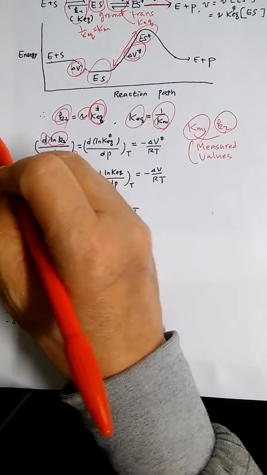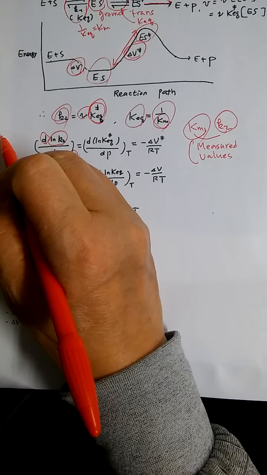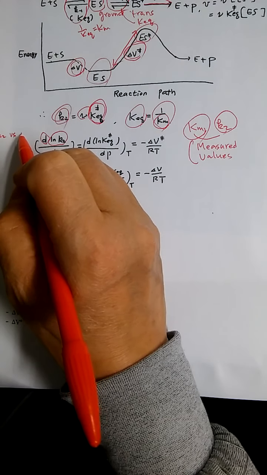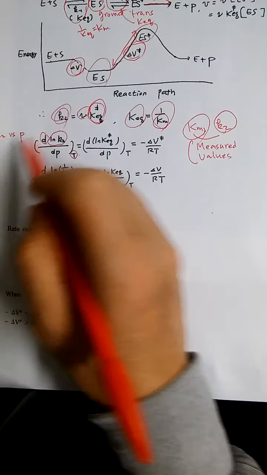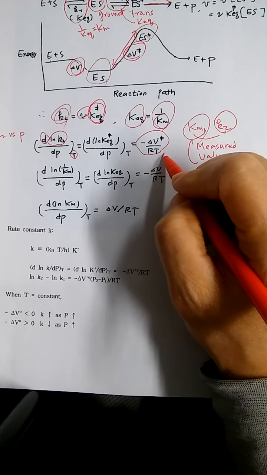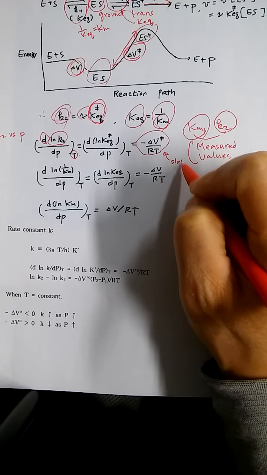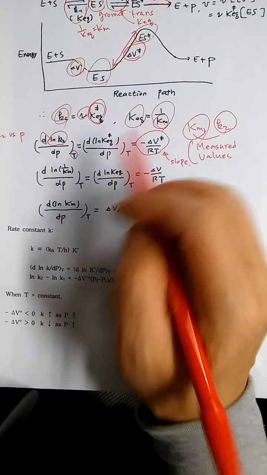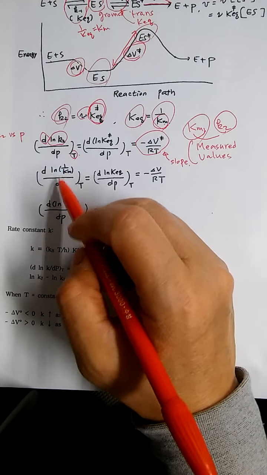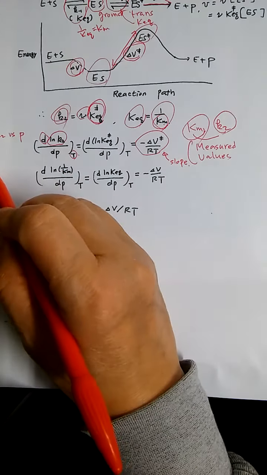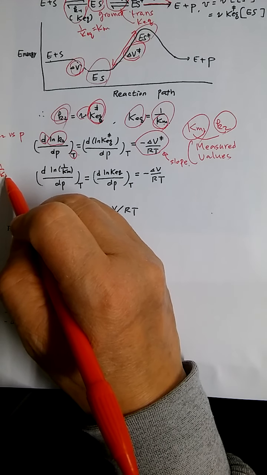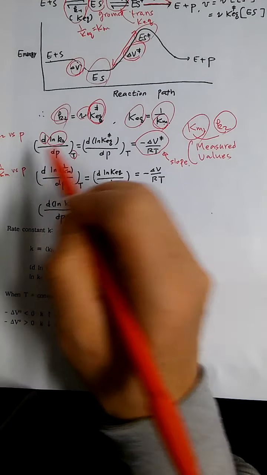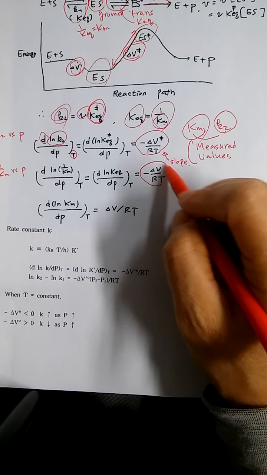So if we plot log K2 as a function of pressure, this term will be the slope. For the other equilibrium step, if we plot ln 1 over Km versus P, then we have this slope.